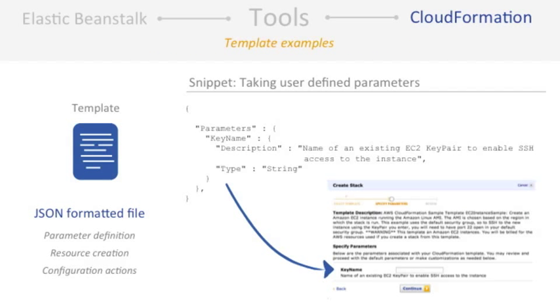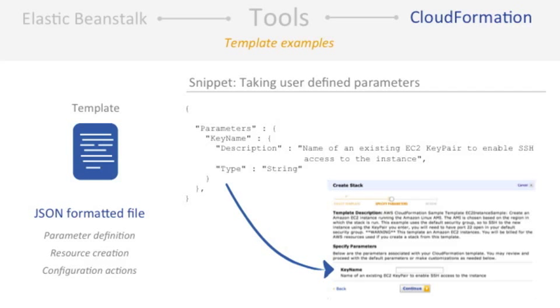So let's have a look at a bit of detail behind a template. So a couple of snippets here. Parameter definition, so the first item on that list on the left. So this is a snippet of a JSON template file where I've defined a parameter key name and I've typed string given in the description.